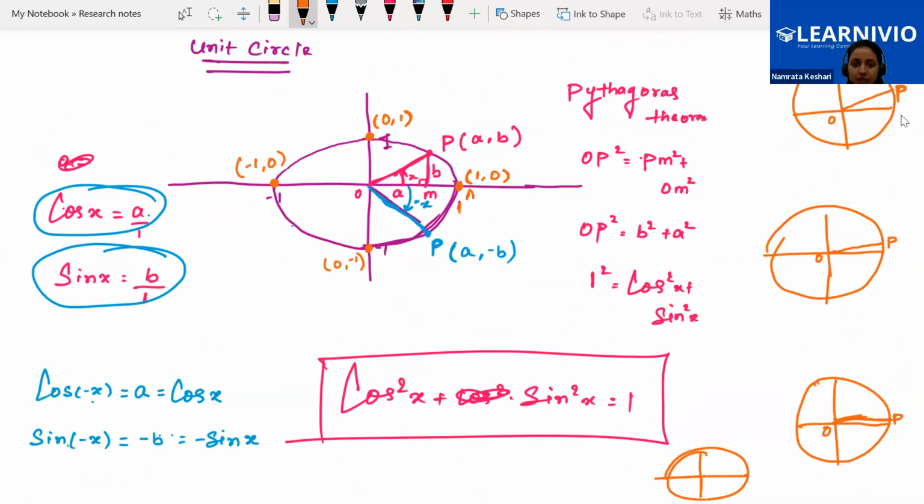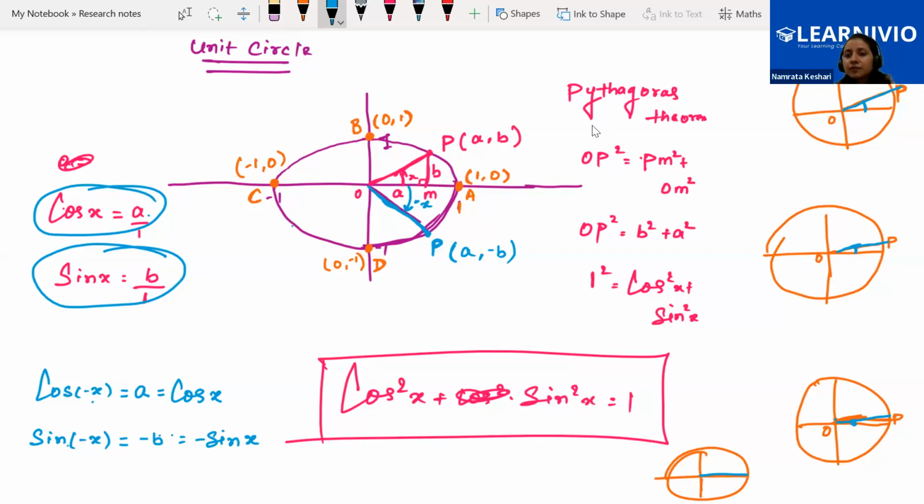Let me name it. This is A. According to the figure, I am naming it. This is B, this is C, and this is D. So what exactly are we doing? Let me show you. At first this much is the angle, then the angle is very small, then still more, and then this OP line is coming on this.